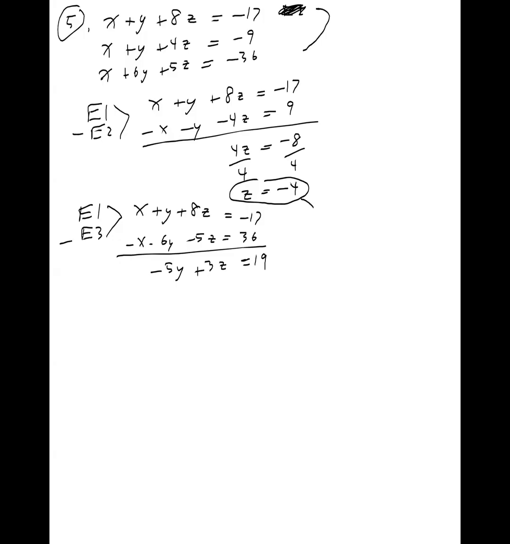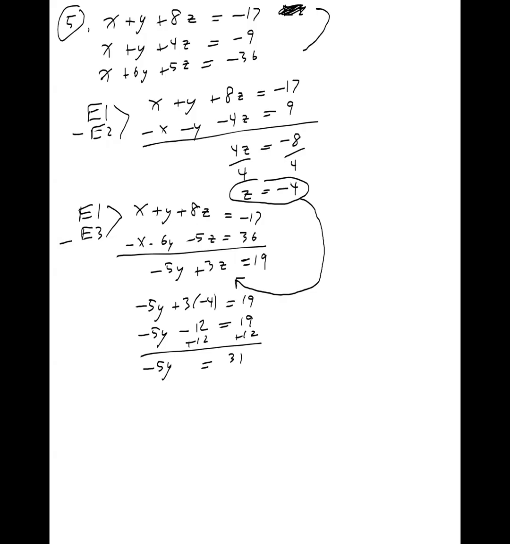So I need to take that z that I got and plug it in. So then I'll have -5y plus 3 times -4 equals 19. So then I got -5y minus 12 equals 19. Add 12 to both sides. Then you got -5y equals 31. Divide.